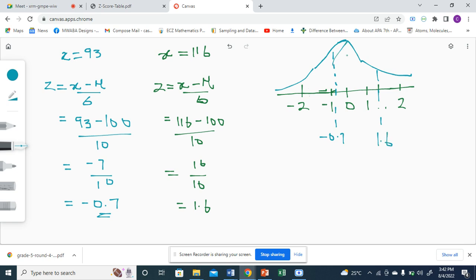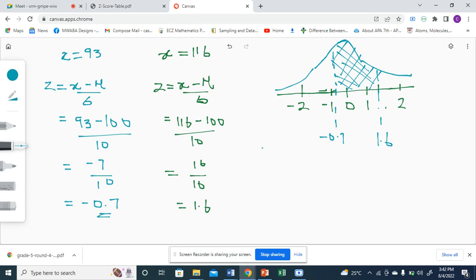So we want the probability of this shaded region here. So we're going to go to our z-score tables, we find our probabilities, then after we find our probabilities, we just subtract. So let's start with negative 0.7.